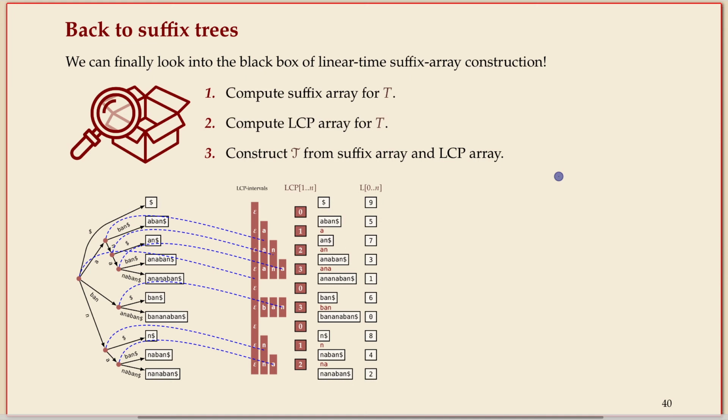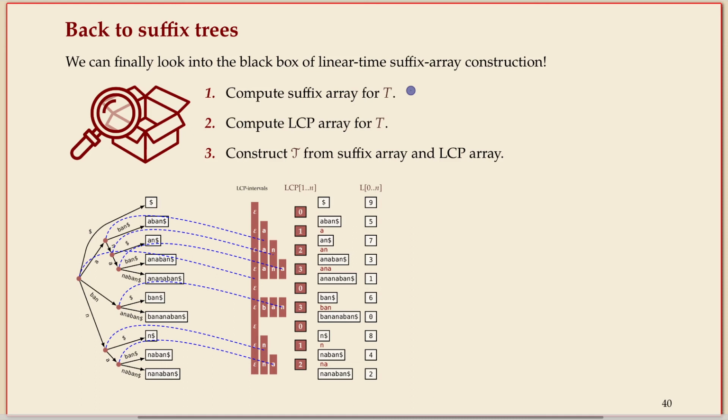And to finally bring this long unit to a close, I want to point out that we have solved the first big magic black box that we started with at the beginning, because we can now finally compute suffix trees in linear time. And you've seen all the details for that. We can compute the suffix array for t.